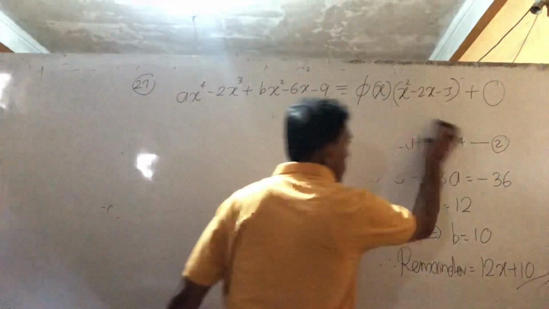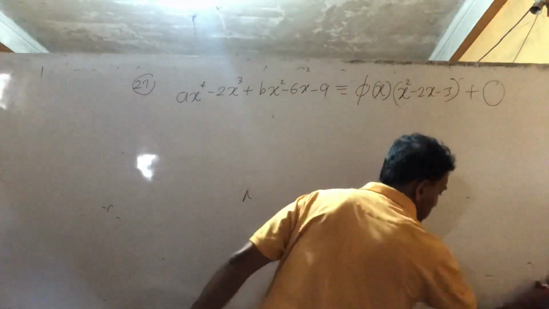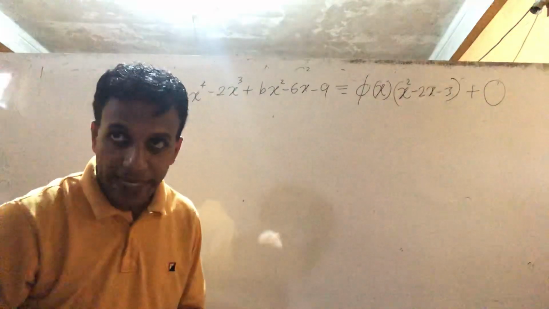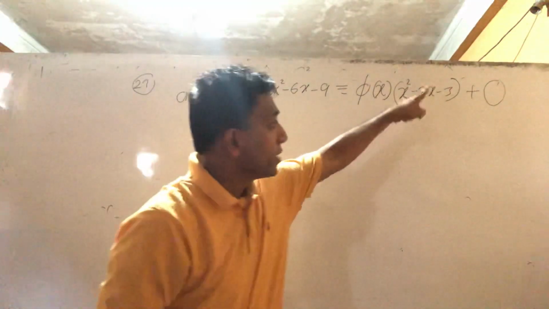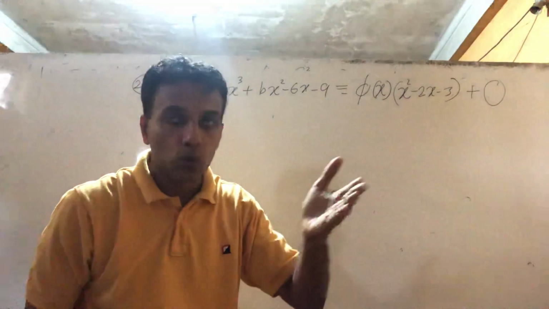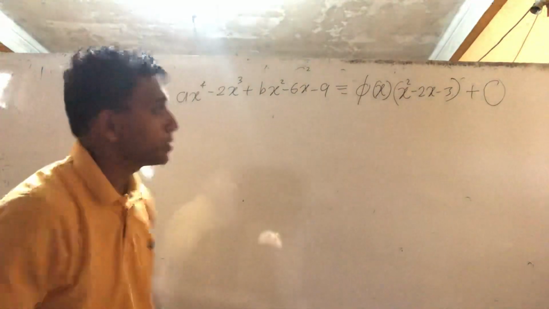So we need two equations to find the a, b values. Therefore, you factorize the divisor into bracket form, then you can get the two simultaneous equations.